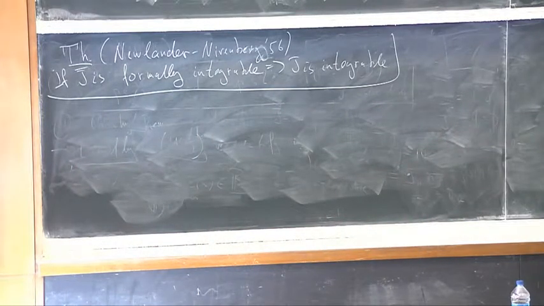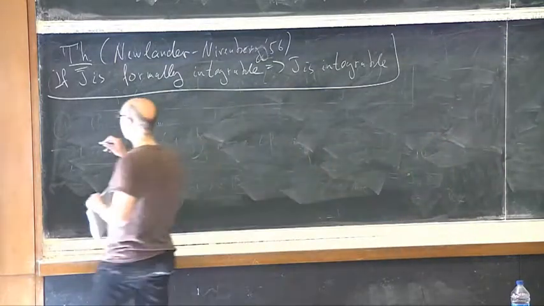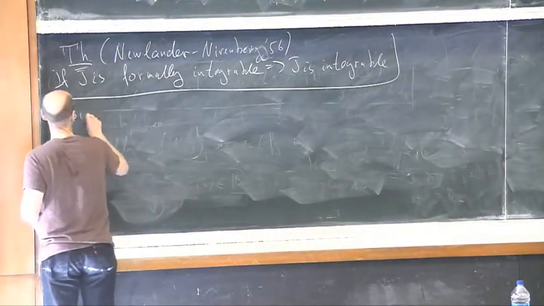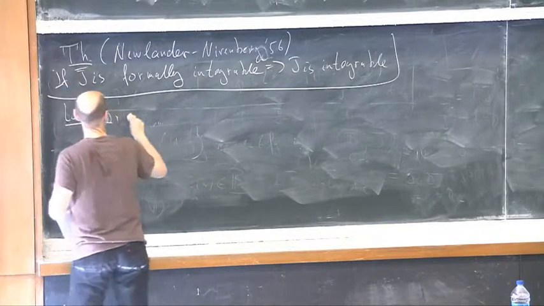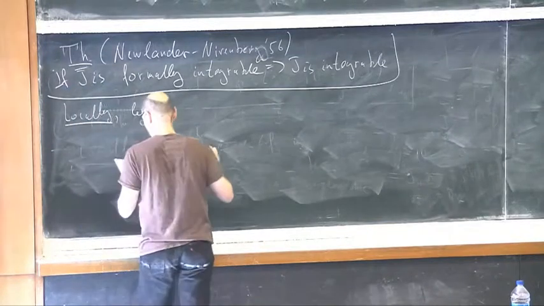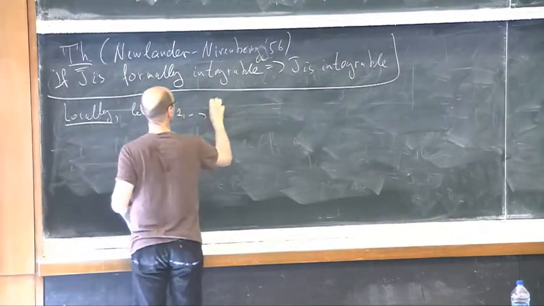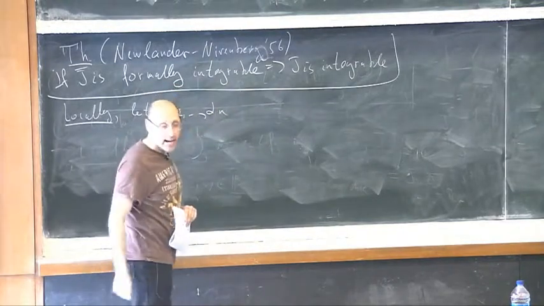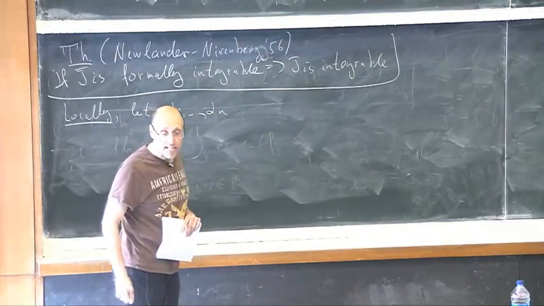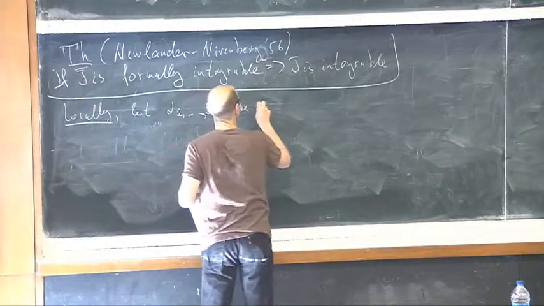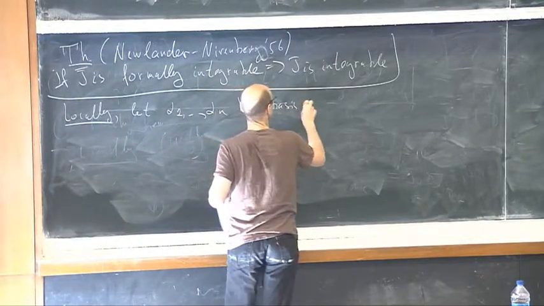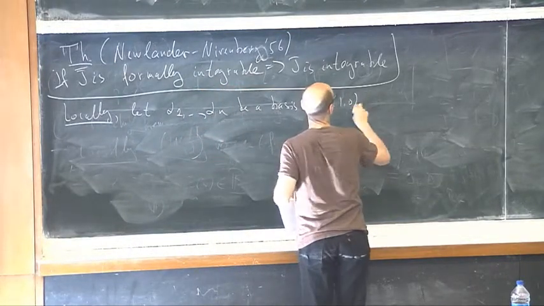In fact, it is not difficult. So locally, let alpha_1, ..., alpha_n, where n is the complex dimension of the manifold, be a basis of (1,0) forms.